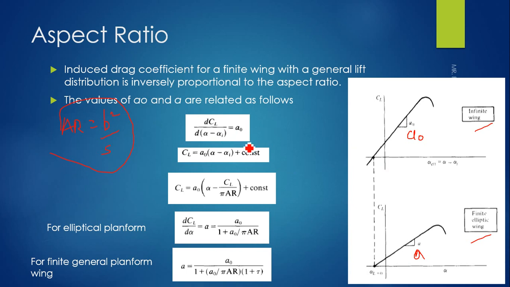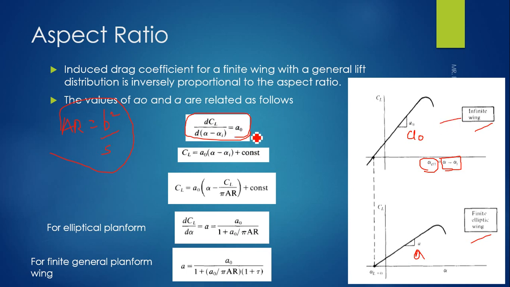So here we can see dCl by d alpha equal to a naught. In infinite wing we will be calculating this alpha effective. So alpha effective will be alpha minus alpha I, that is geometrical angle of attack minus induced angle of attack. Therefore dCl divided by d of alpha minus alpha I equal to a naught. So that is a naught, the lift curve slope for infinite wing.